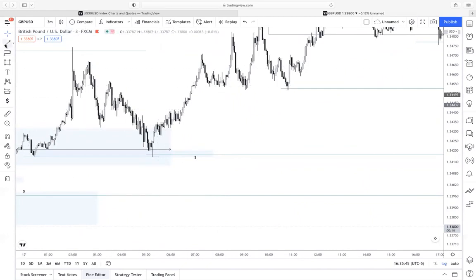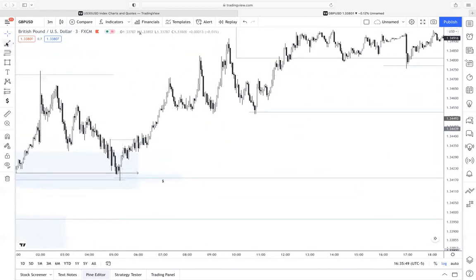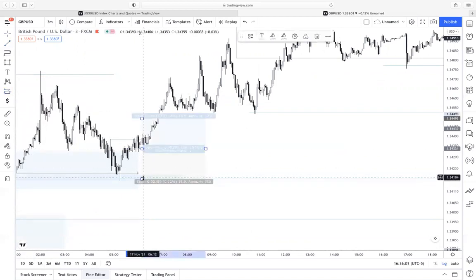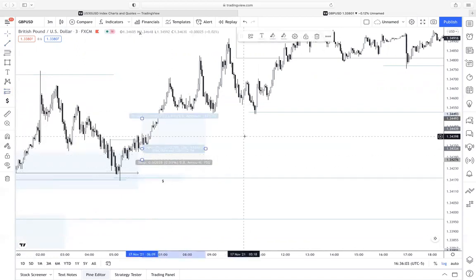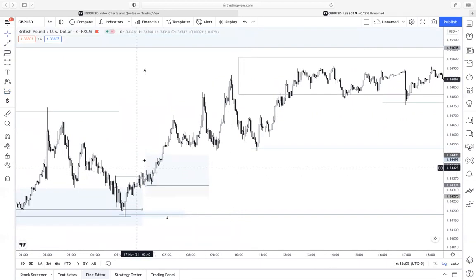So again, right here would have been a lot less exposure for risk. Created the high, came down. Here's your last low to the high. So we would have entered right off there. So we would have had our buy there. Stop would have been a lot tighter, a lot more clean risk to reward.